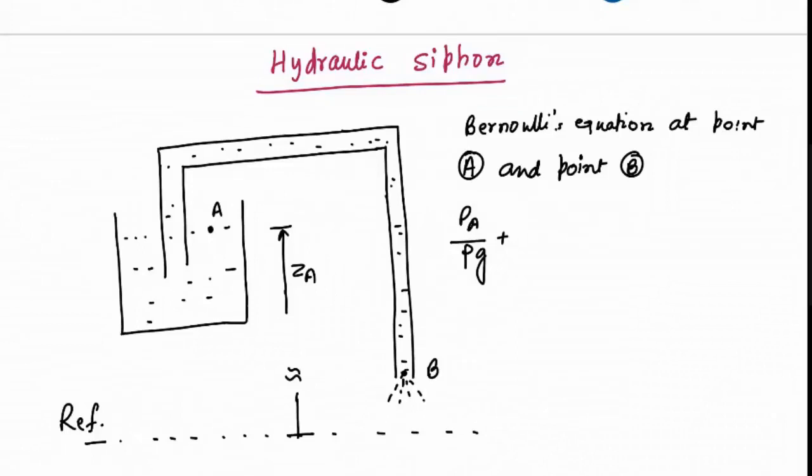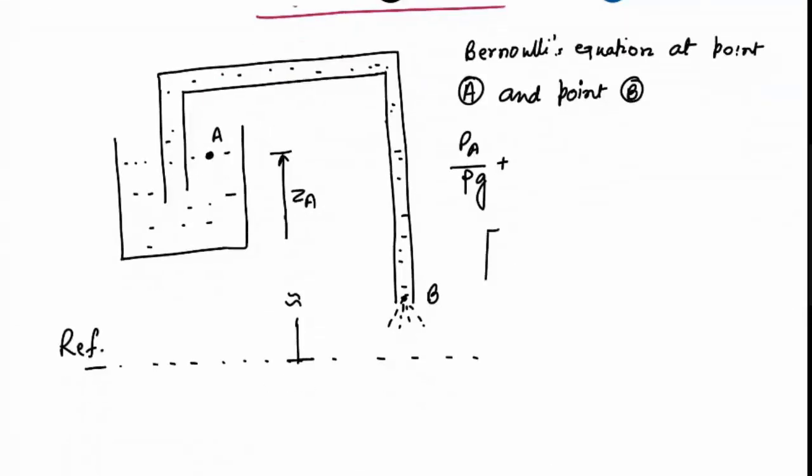Now the velocity at point A will be very small, and we can consider it zero. So we can write velocity at A is approximately zero, and this is because this is a large surface.